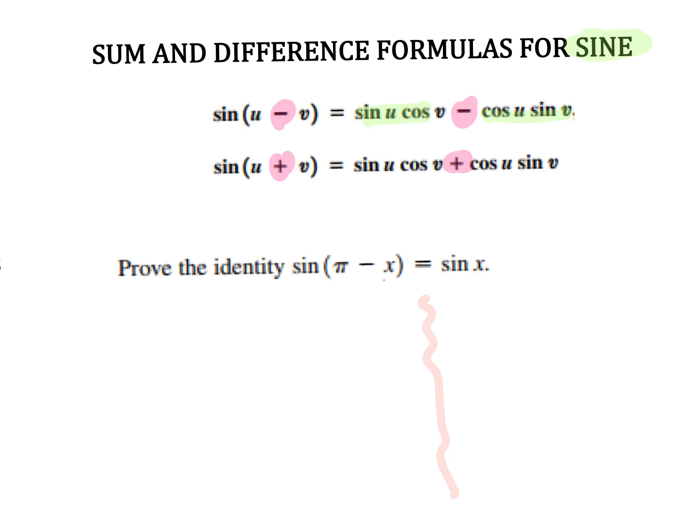Now notice we're given an x. X could be any value, so we're going to keep the x in there. We're not going to put a number in there. X could be any value that you think of. But we're doing sine of two values that are being subtracted. So that's like this up here, which means we want subtraction in between there also. So we kind of mix these together.